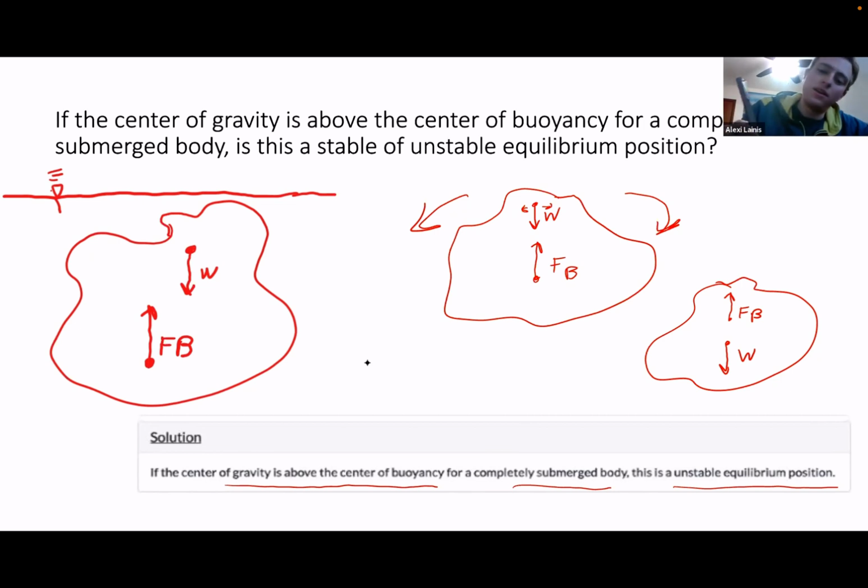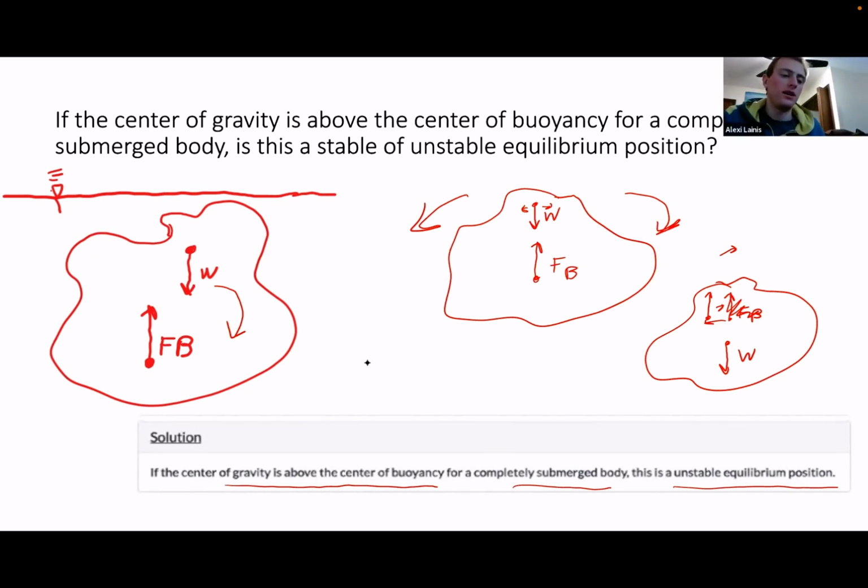If let's say the force buoyancy is a little bit over here, if you did the sum of moments, it's going to want to rotate a little bit to a stable position, and the forces are going to move back over there. So it's going to go back to stability, instead of a position like this, where it's going to keep wanting to turn over and basically go upside down.